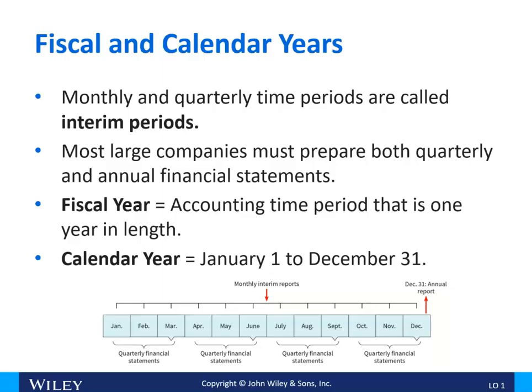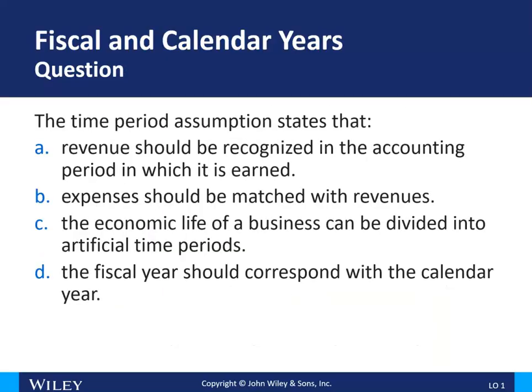You have to go through a process of filing documents saying that you're changing it, and you have to restate prior periods that you've already released to show what the new periods look like. So it's a little bit of a hassle. They don't do it all the time, but you are allowed to change it and pick what works best for your company.